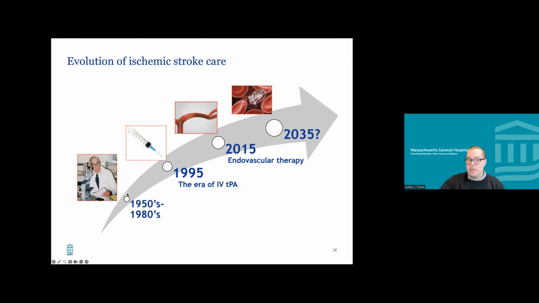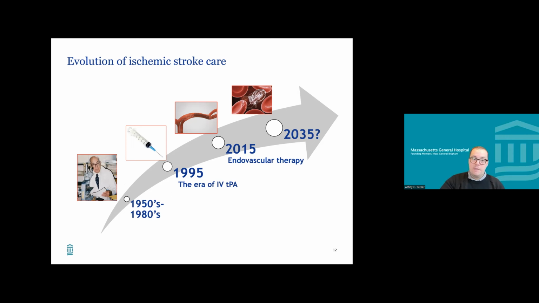But there weren't any treatments for an acute stroke, right at symptom onset, to potentially reverse the clot, reverse the injury, really until 1995. So it wasn't until relatively recently that we had any options for stroke care.